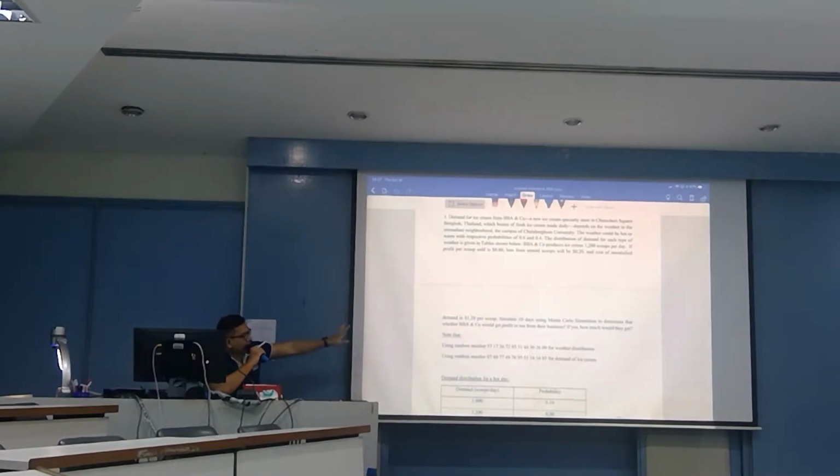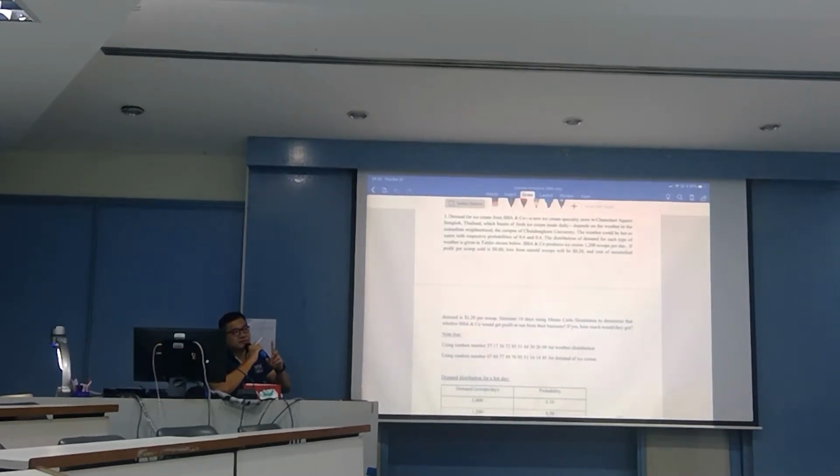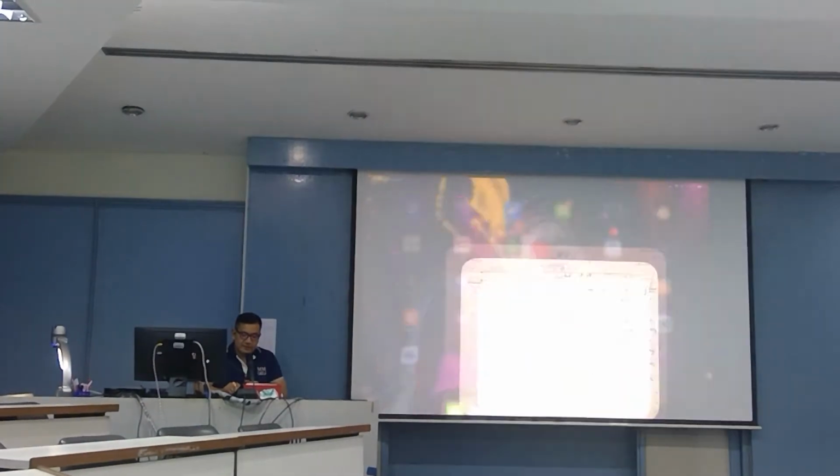Even though we have the demand for hot day and warm day, it's the same variable. So it's demand. So we're going to use only one random number set for the demand. But we're going to look in a different table based on the weather.